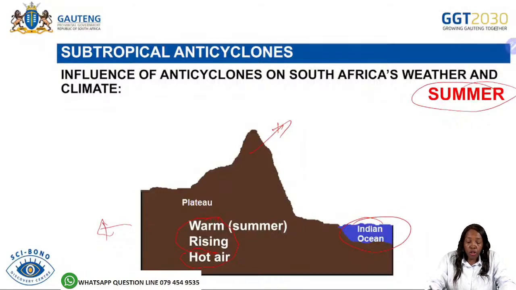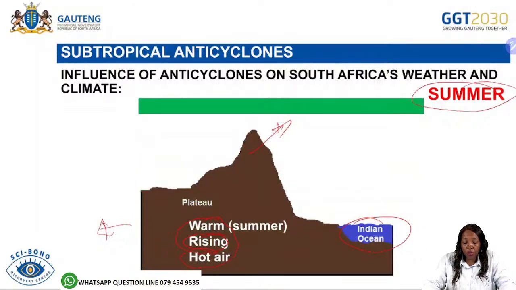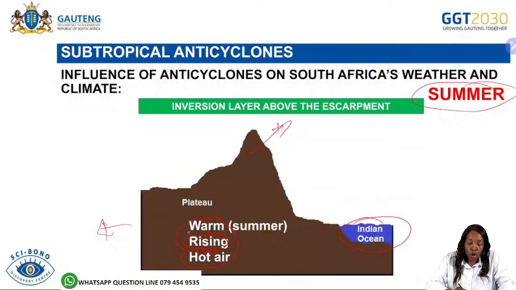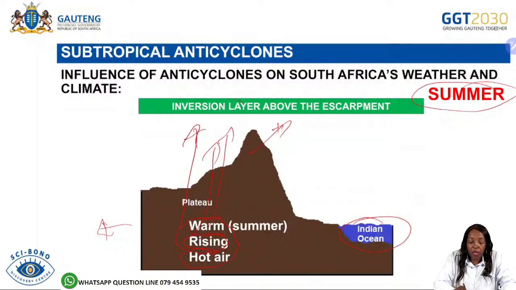So there's more convection, which results in warm air rising from the interior of the country. So when warm air rises, then we see the development of what? Of an inversion layer above the escarpment. So more convection of air results in the development of the inversion layer being way above.